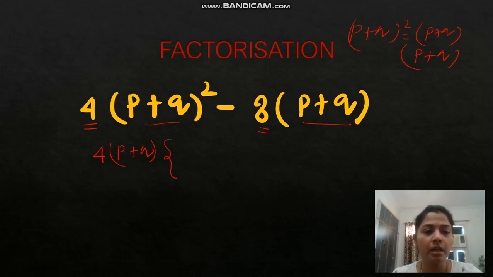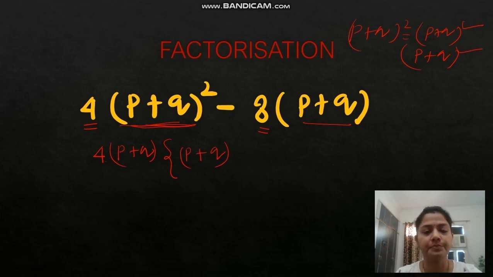From 4 we have taken 4 common, so the constant 1 is left, and no need to write 1 here. Now from (p + q) squared, one (p + q) is already taken common. So I have taken one (p + q) common.